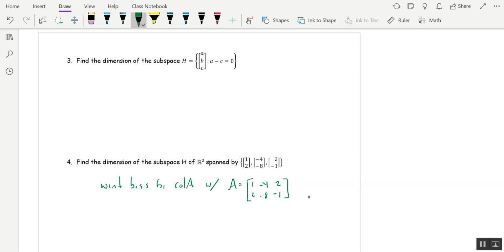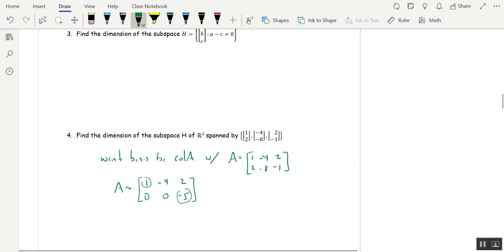Okay, and then if we reduce A to echelon form, we will get 1, -4, 2, 0, 0, multiply by -2 and add, -5, 2 pivots.